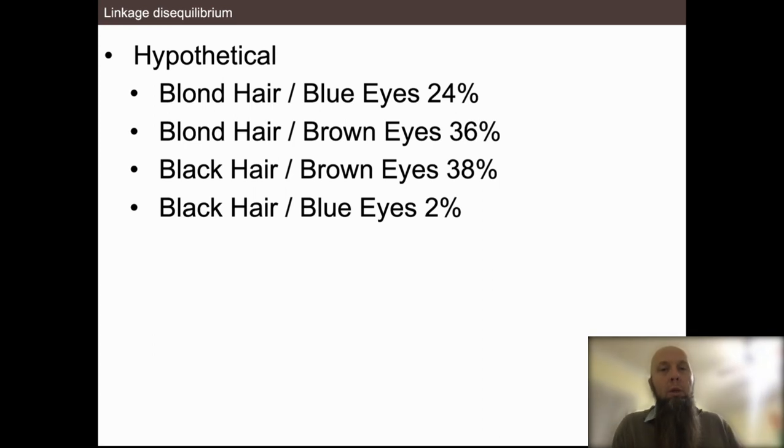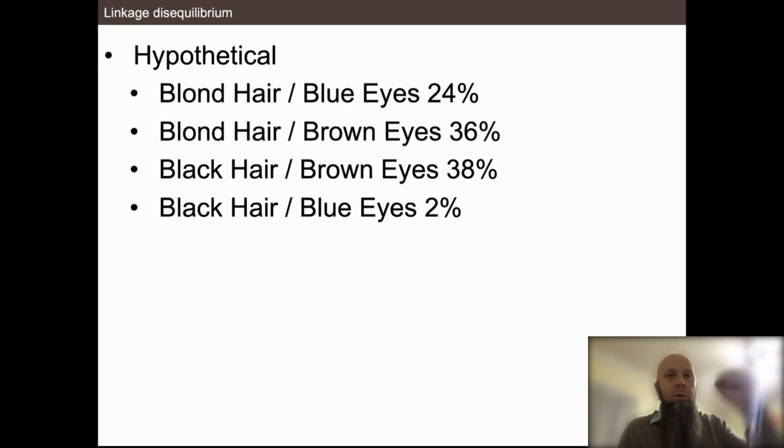But think about the origin of the allele that creates blue eyes. This is, it seems, a very recent mutation in the human species. And if that mutation that created this new allele occurred on a chromosome in an individual that had blonde hair, then that mutation is on a chromosome where the hair color allele is blonde.